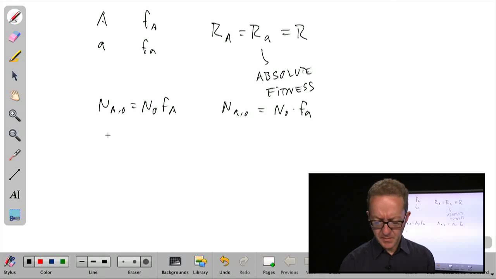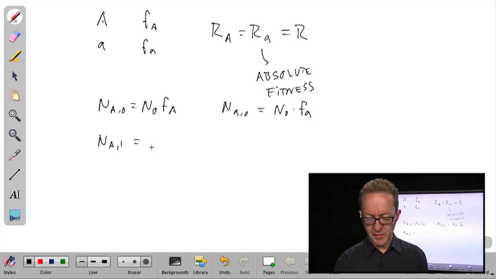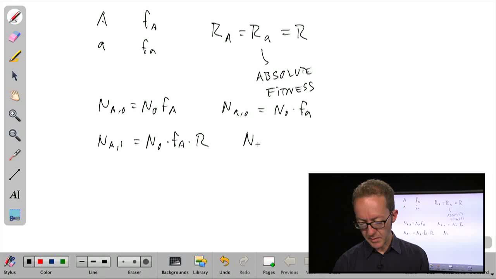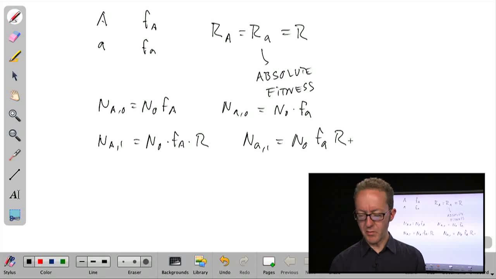After one generation, we know from previously that the number of organisms present after one time point is the same as the number of individuals present initially times the growth rate. The same is true for lowercase a, which we can write over here.